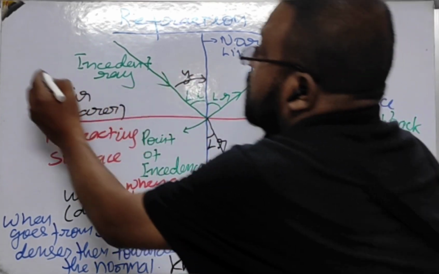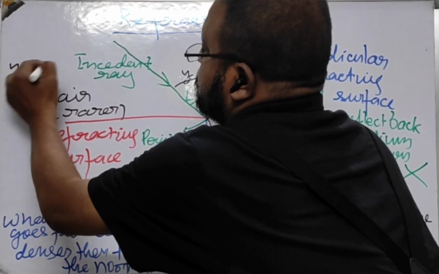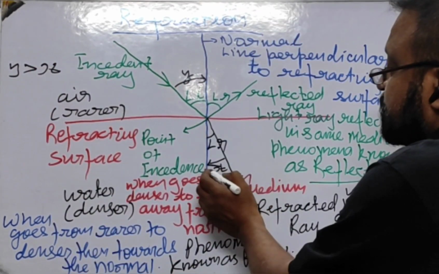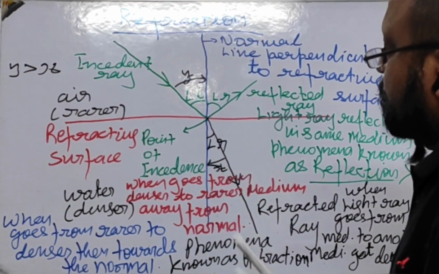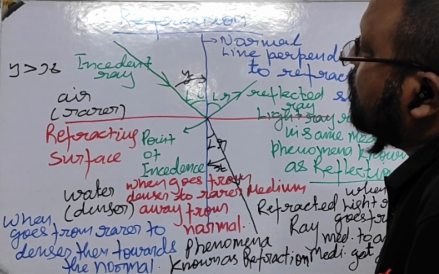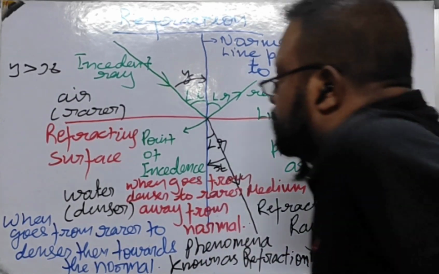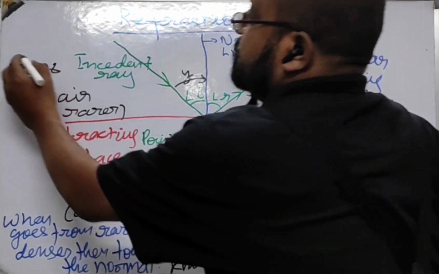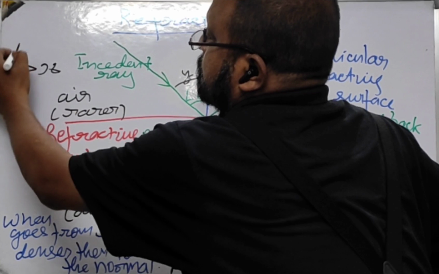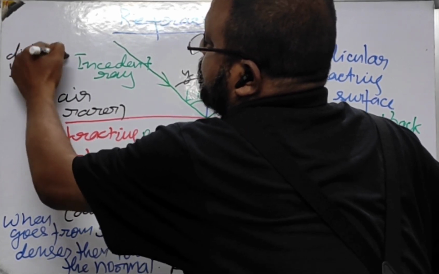So y is greater than x. So the distance is less here with the normal. All the measures we are doing are with the normal. I hope you understand.